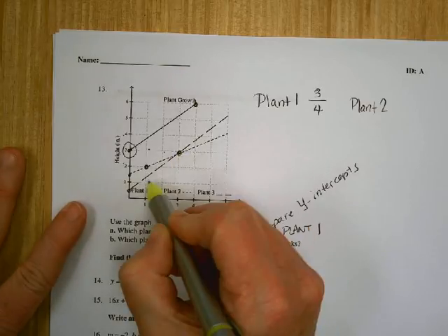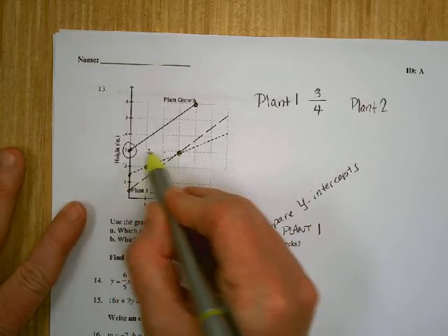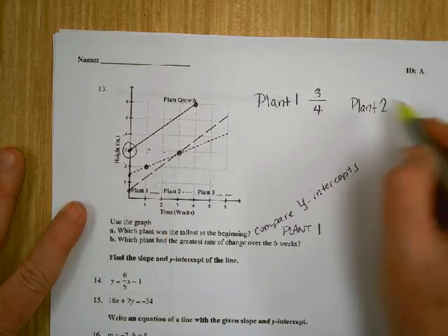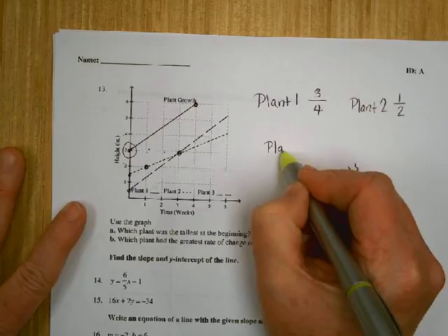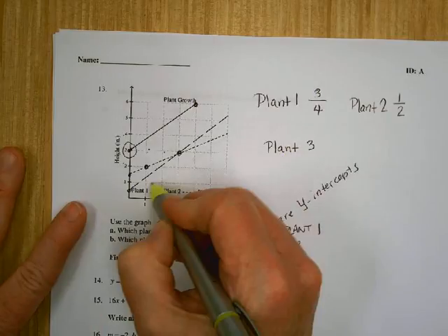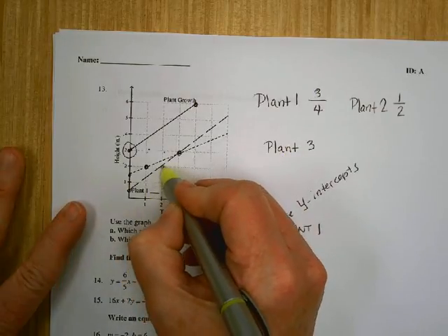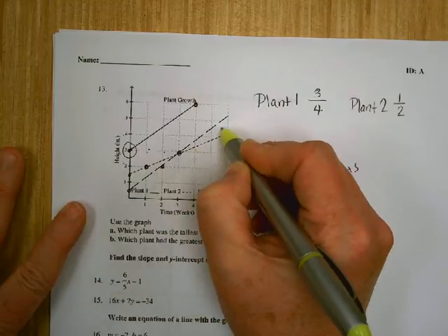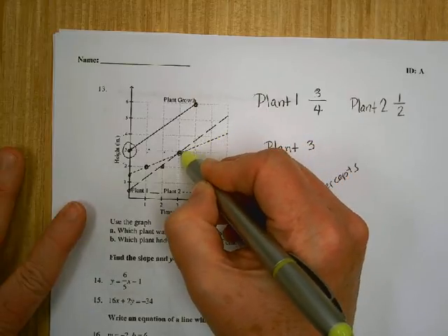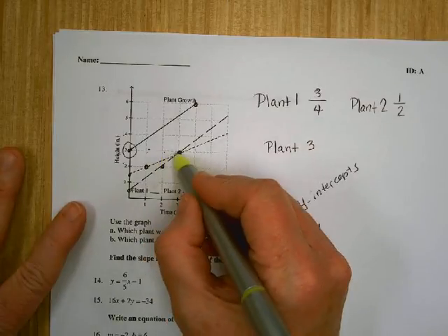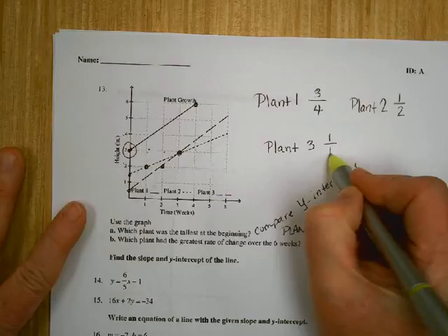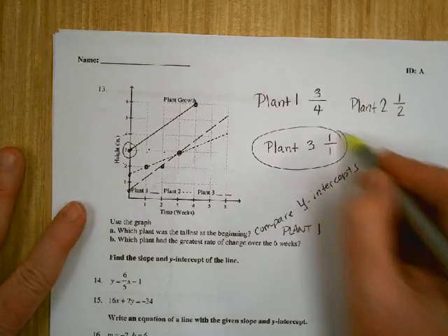It looks like it went up 1 inch in 2 weeks. And plant 3 looks like it went up 1 inch in 1 week. So plant 3 had the greatest rate of change.